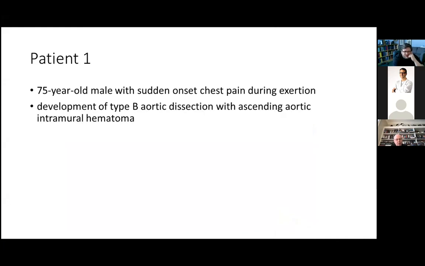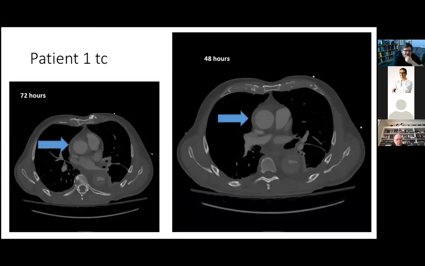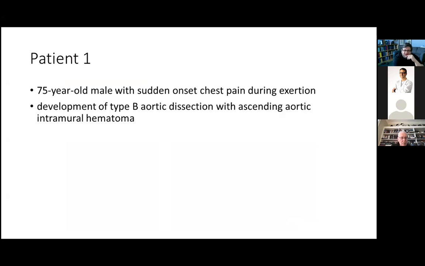So I will illustrate our topic with a couple of cases. They're not that dissimilar, actually. First patient is a 75-year-old male, sudden onset of typical chest pain, a typical acute aortic syndrome presentation.